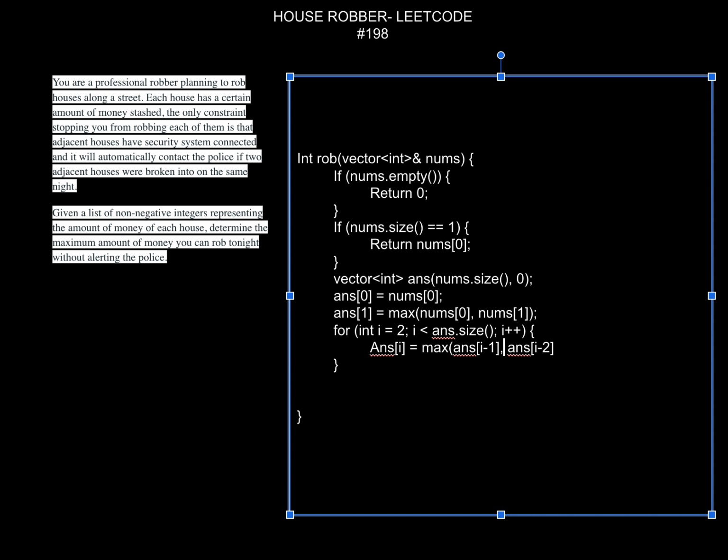So the maximum if our current house did not exist, or the maximum if our most recent two houses did not exist, plus the value of our current house, because with this we would not be breaking the rule of not robbing adjacent houses.